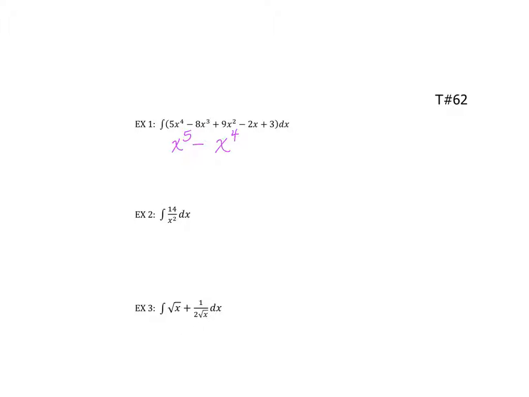Increase the power by 1 would be 4. 8 divided by 4 is 2, plus x to the 3rd. I would do 9 divided by 3, so that would be 3. X squared divided by 2, that would be a 1, so I'm not going to bother writing the 1. And then finally, plus 3x plus c, and there is my antiderivative.